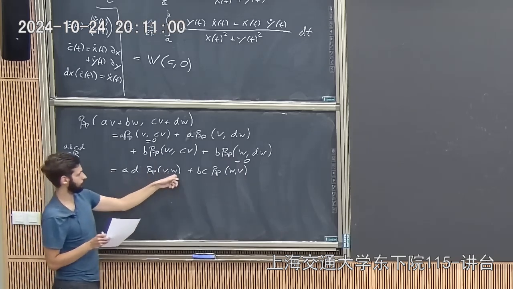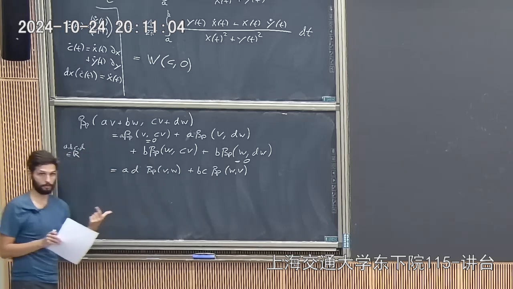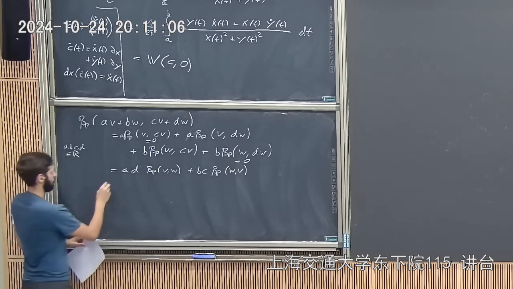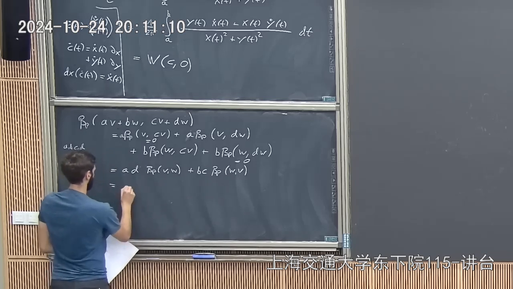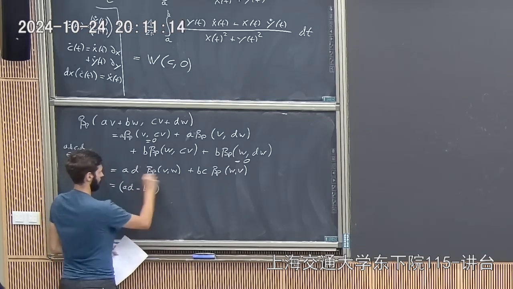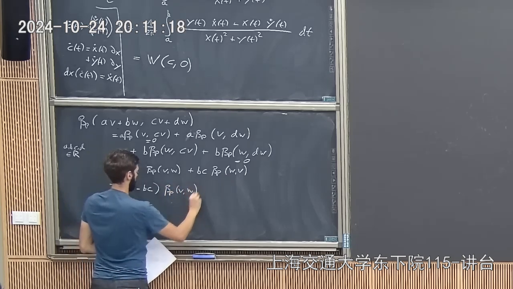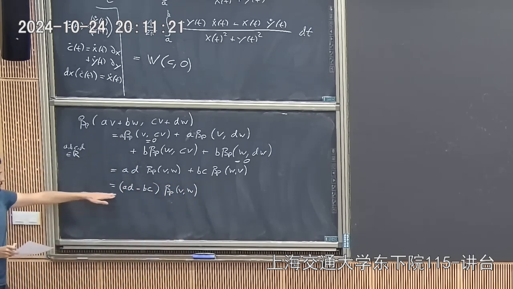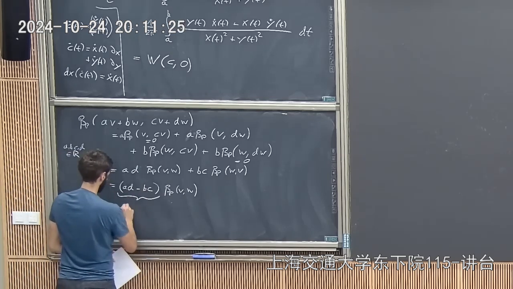What you see is that these two expressions are the same, except that we have swapped the order of the vectors. And if you swap them, you get a minus sign. So what we get is AD minus BC times this expression. And this expression here, you might recognize as the determinant of this matrix.